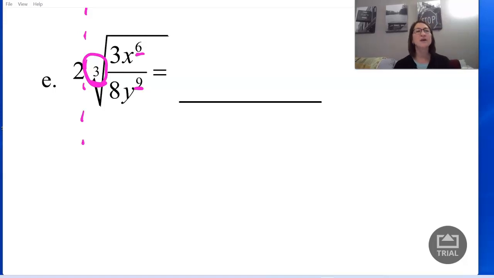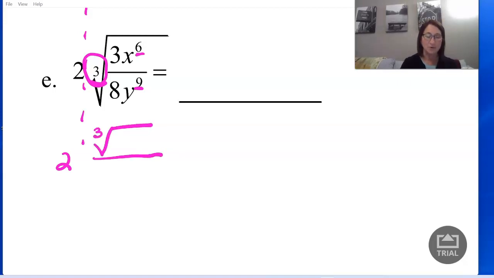That's going to be helpful. So let's go ahead and separate everything into the numerator and the denominator. I'm going to leave the 2 on the outside, draw my fraction bar. I'm going to take a cube root of 3x to the 6 over a cube root of 8y to the 9th.